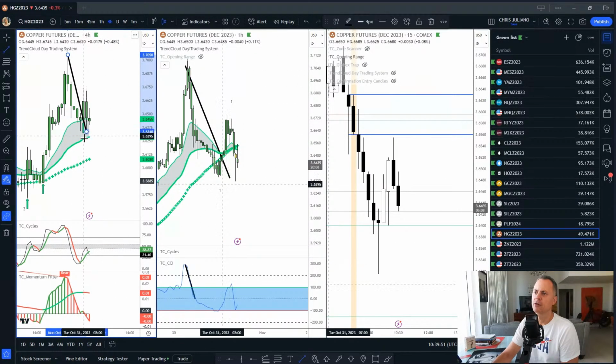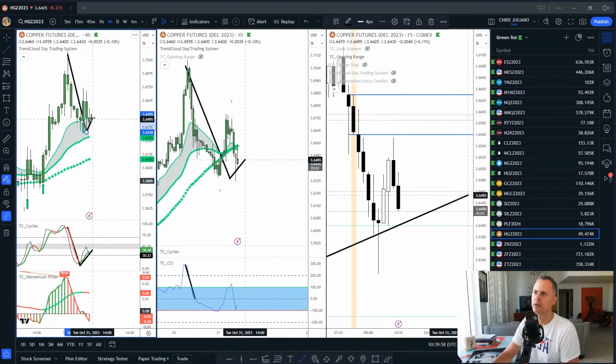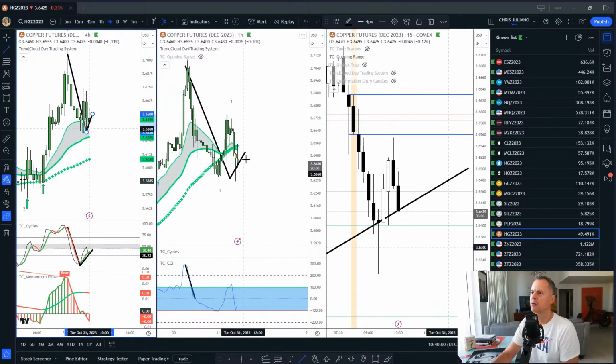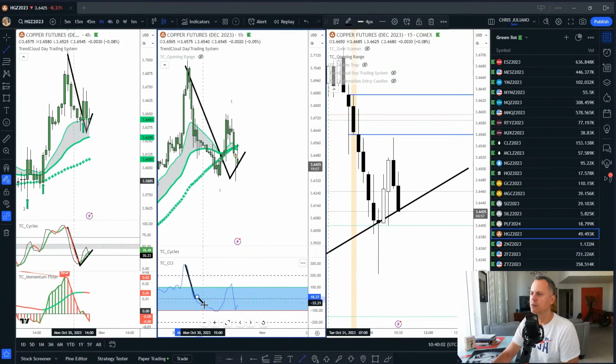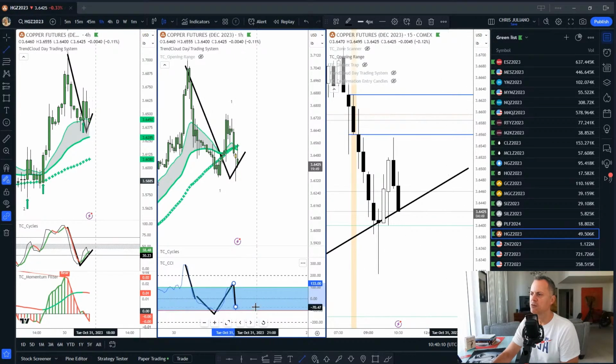Corrective move, and now we're impulsing back up, being represented here. Corrective move, impulse back. Deep correction does not break below -0 or -100, right? Does not break below -100.